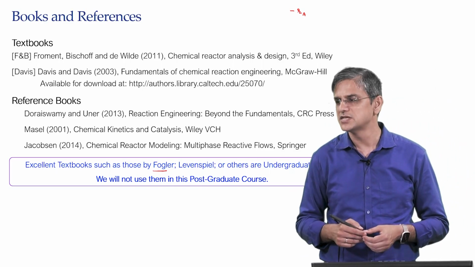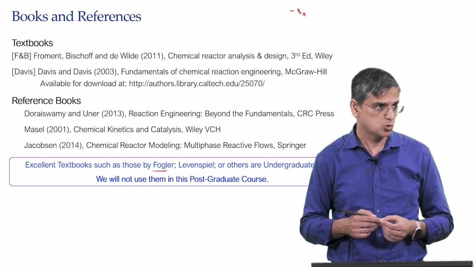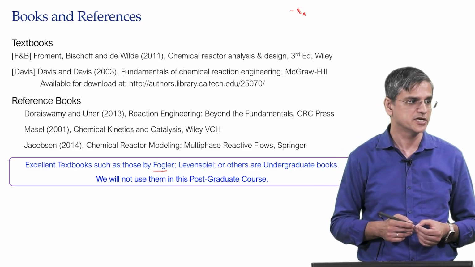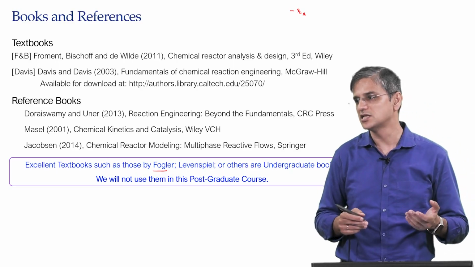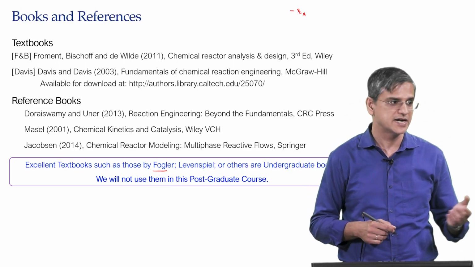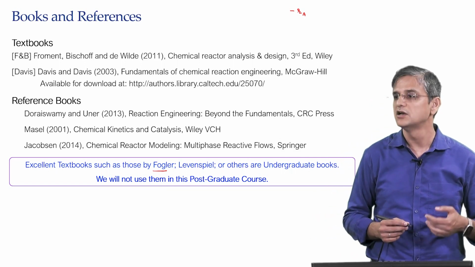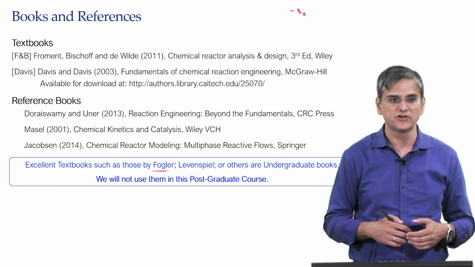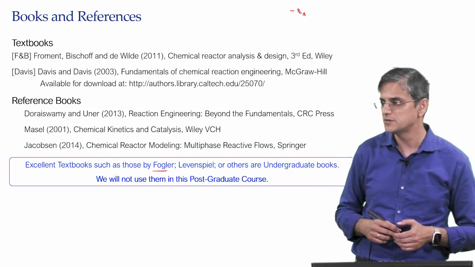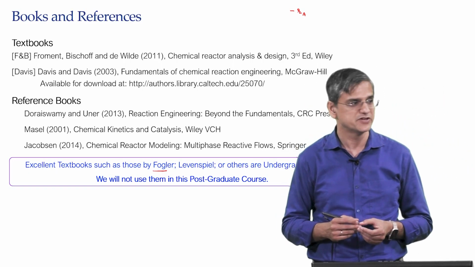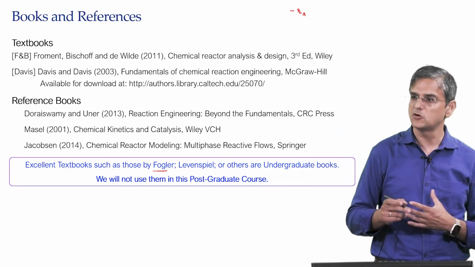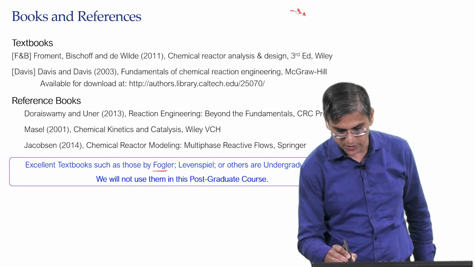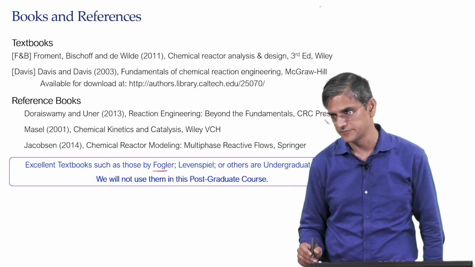A very simple example is what has come up in the last 20 years, the area of microkinetic modeling, where you have hundreds and thousands of reactions involving free radical species and so on, something that physical chemists and physicists have been doing for the last 50 years, which has been adopted by chemical engineers in the last 20-25 years. When you talk about systems like this, those concepts that we learn in our undergraduate become very limiting.